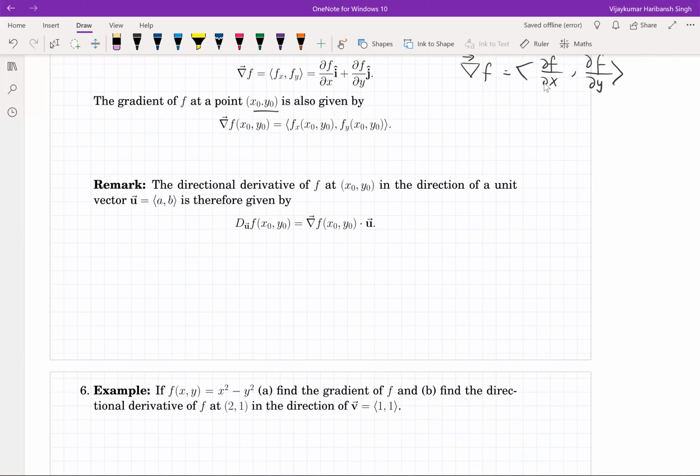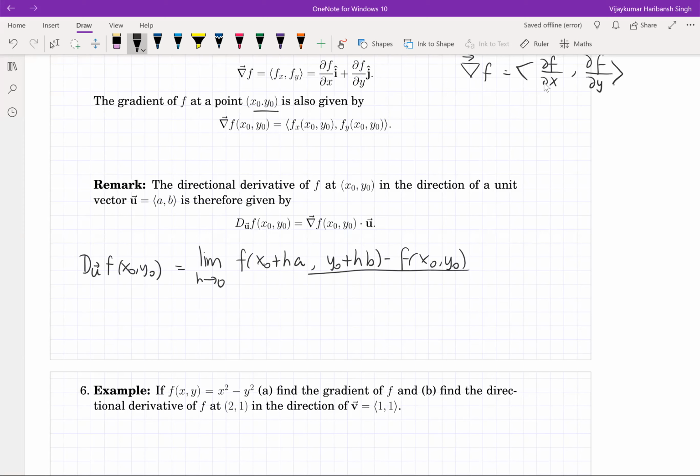First of all, we have du of f at x naught, y naught is essentially the limit as h goes to 0 of f of x naught plus ha, y naught plus hb, minus f of x naught y naught, divided by h.